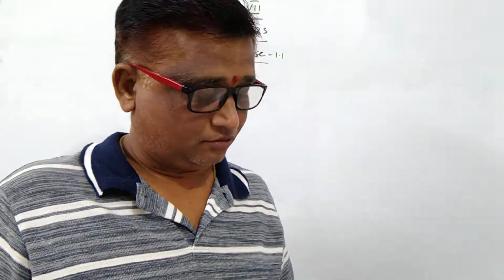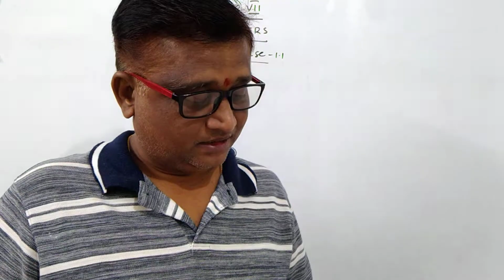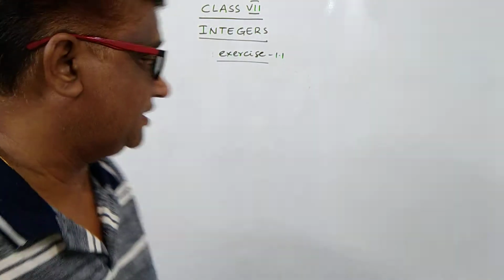So minus 5 minus 2 degrees is minus 7 the next day. The temperature on Tuesday is minus 7 degrees Celsius, and on Wednesday it rose by 4 degrees Celsius.